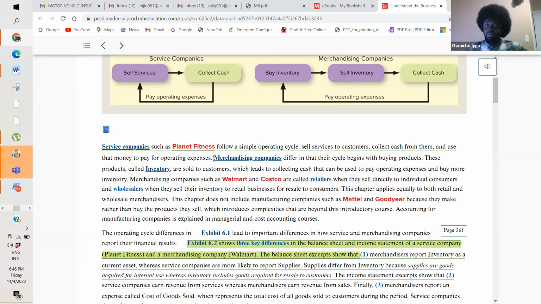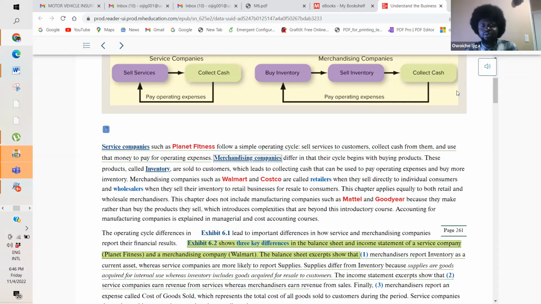So it goes from the manufacturer to a wholesaler, who buys in bulk at a cheaper price, and then the wholesaler takes it to the retailer. And the customers, the clients like you and me, walk into the retail store like Walmart, Stater Bros, Costco, and the rest, and buy from the retailer. So that is a simple chain of business that I want you guys to understand as well.